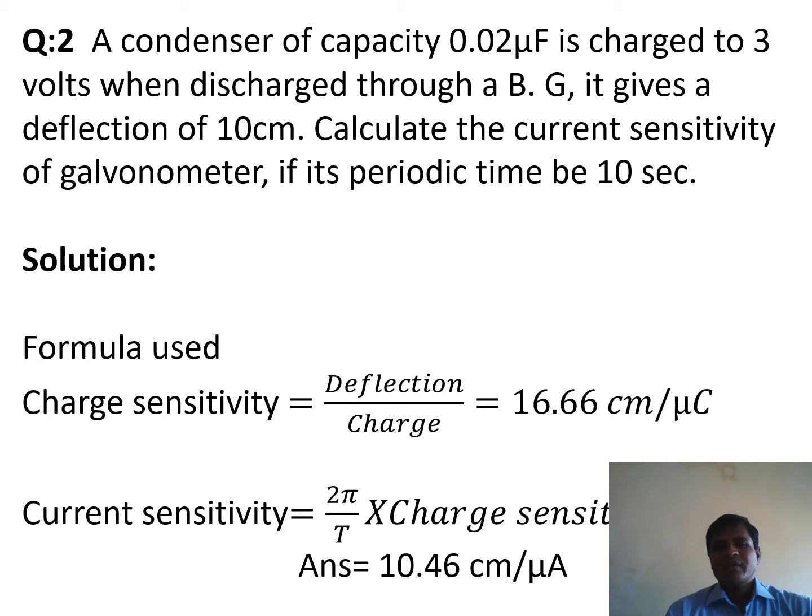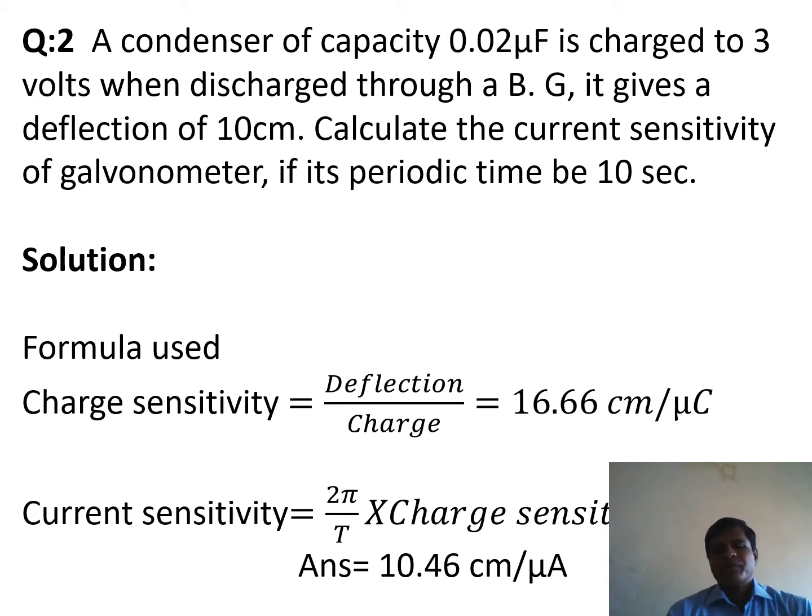And the deflection is 10 centimeter. So substitute the values of deflection and the charge in the charge sensitivity formula. So the final value for the charge sensitivity is equal to 16.66 centimeter per microcoulomb. And now the current sensitivity, that is equal to 2 pi upon T into charge sensitivity.